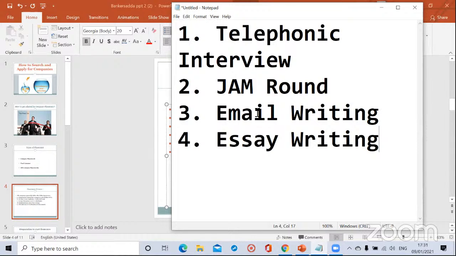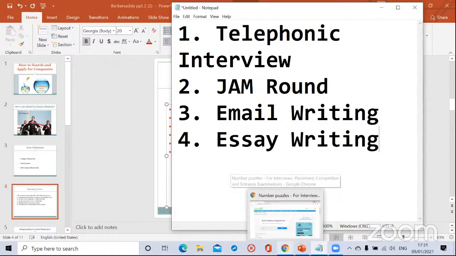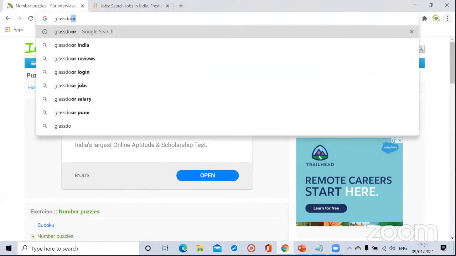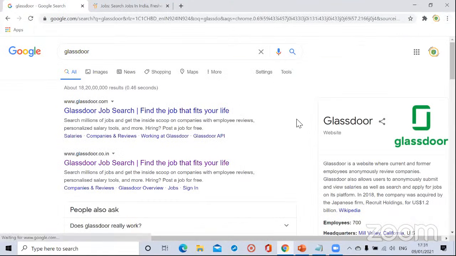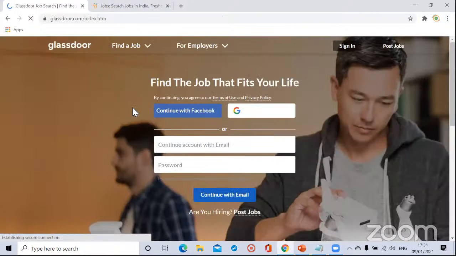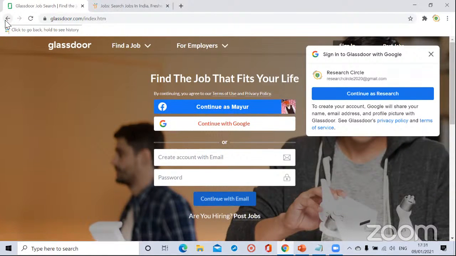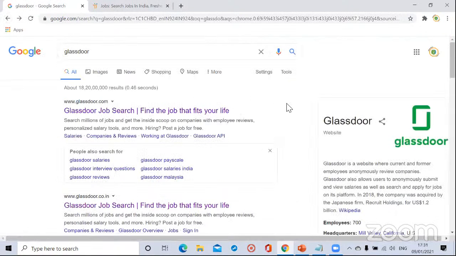If any company is coming to your college, or if you are going to a company's premises for the drive, I would suggest you visit Glassdoor. This is the website where you will find the number of job opportunities. Secondly, you will also get experiences.